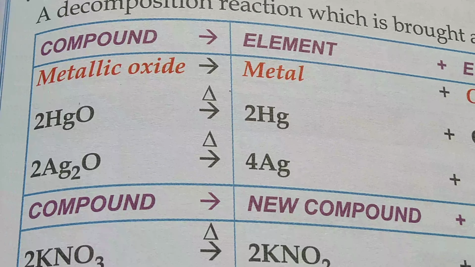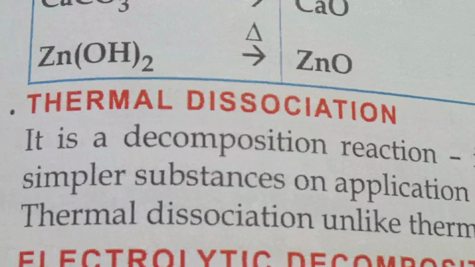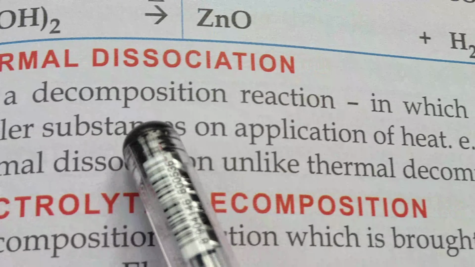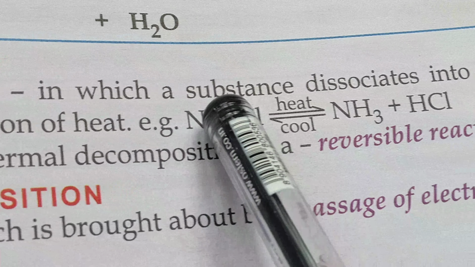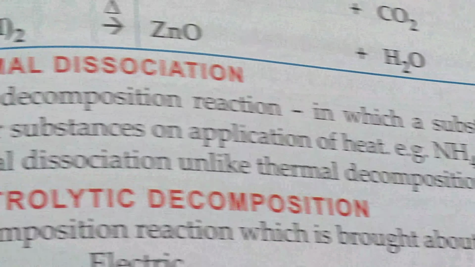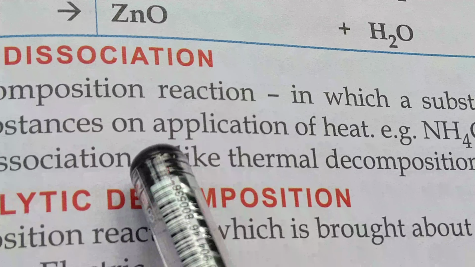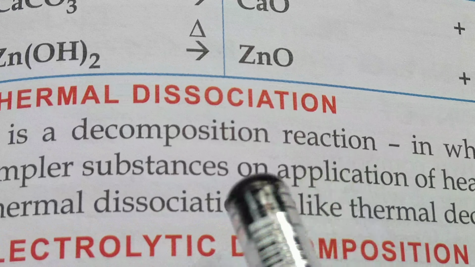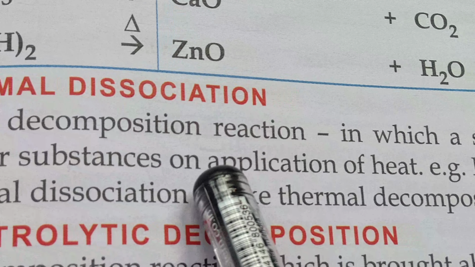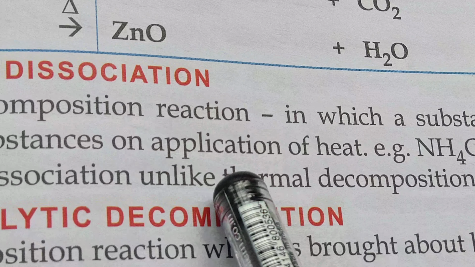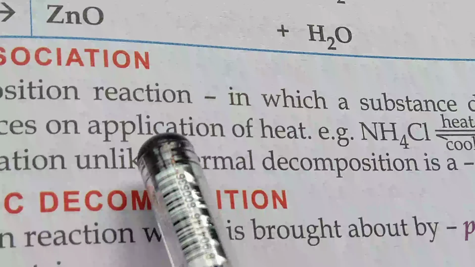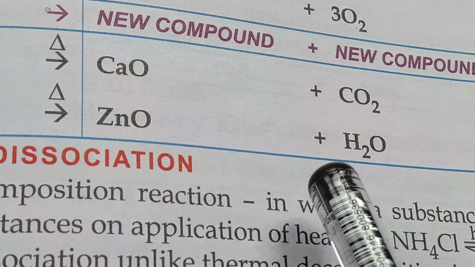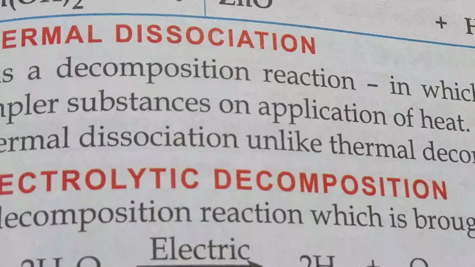You will learn one. Next, thermal dissociation. It is a decomposition reaction in which a substance dissociates into two or more simpler substances on application of heat. That means the same thing: if we give heat to the reactant, after absorbing heat it turns into two other new substances, which may be compounds or elements.